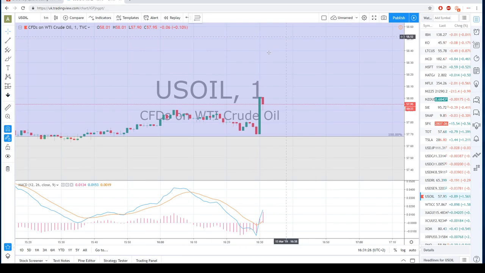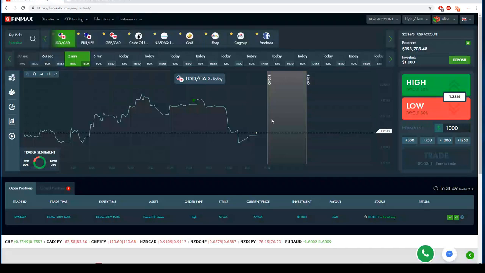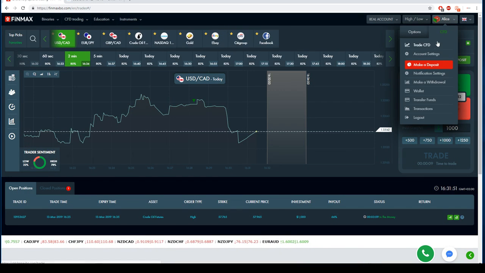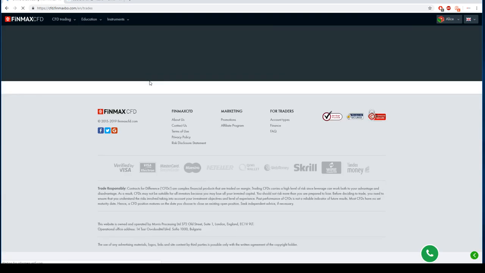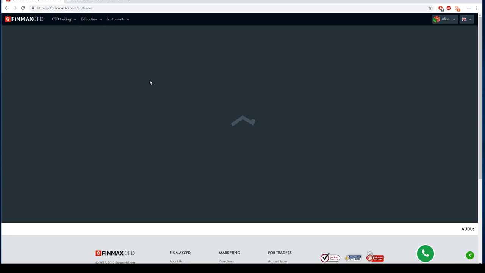We see that it created the push on the oil, and right now the market has significant volatility, so we can expect our trade to close in the money. I'm going to switch to trade on CFD to see how it's going on. Actually, it should be in the money as well.